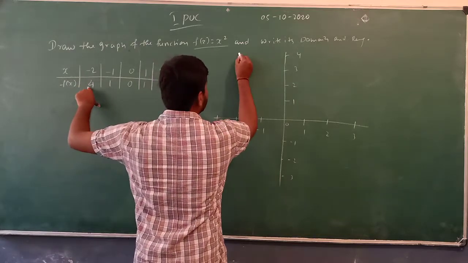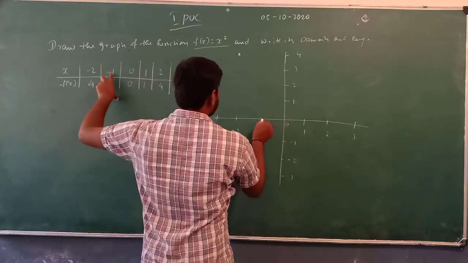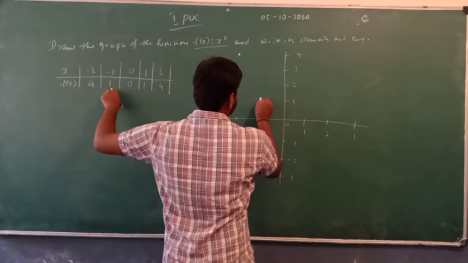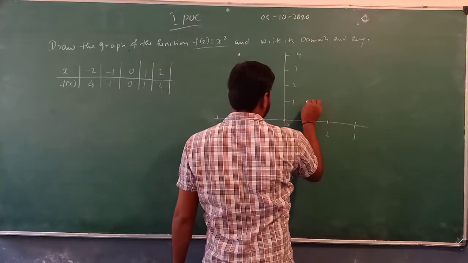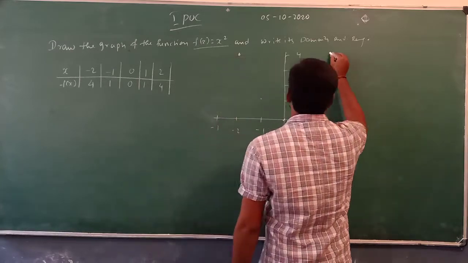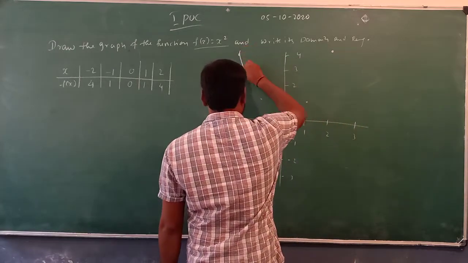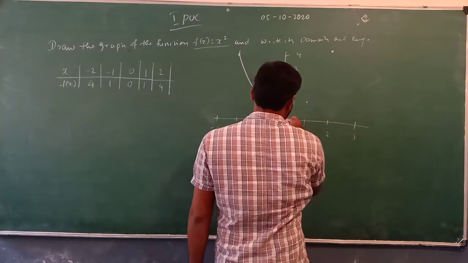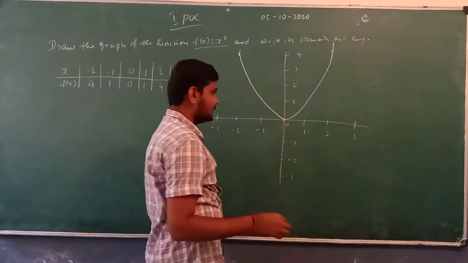That is 4. When x is equal to minus 1, the value is 1. Then 0, again 1, and 2 gives 4. So the graph of this function comes like this, touches the origin and passes through.